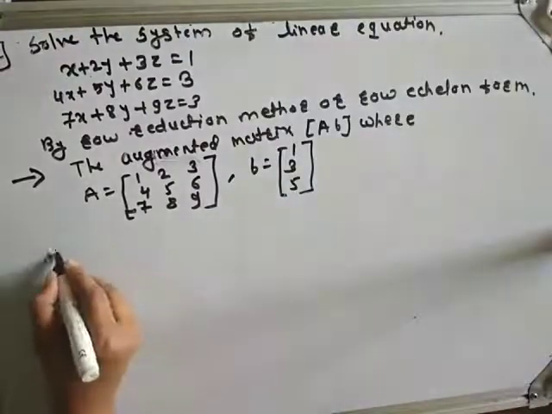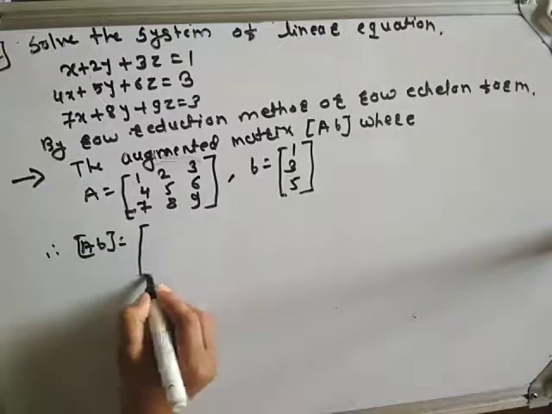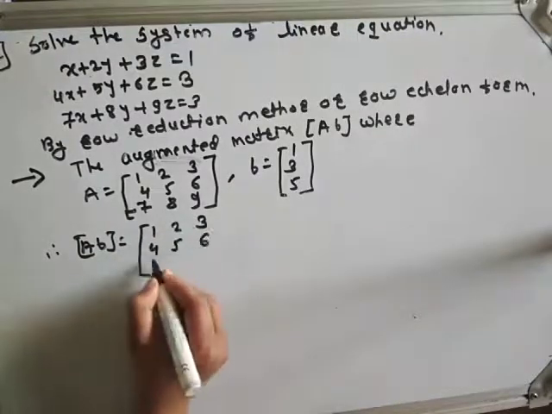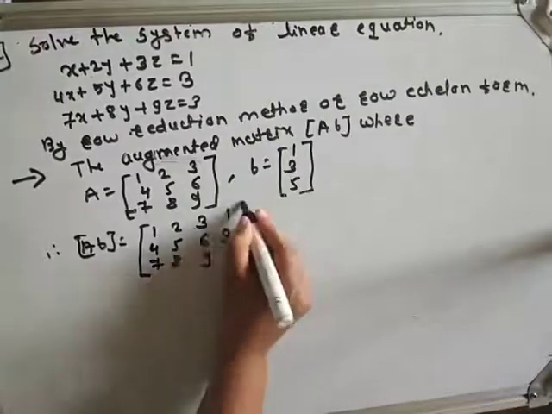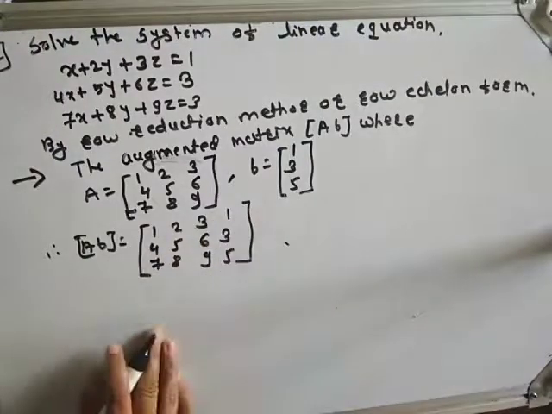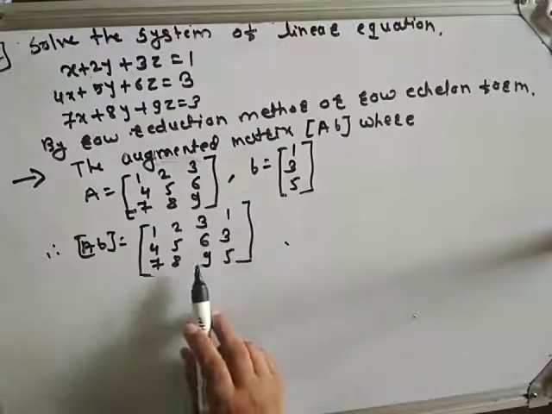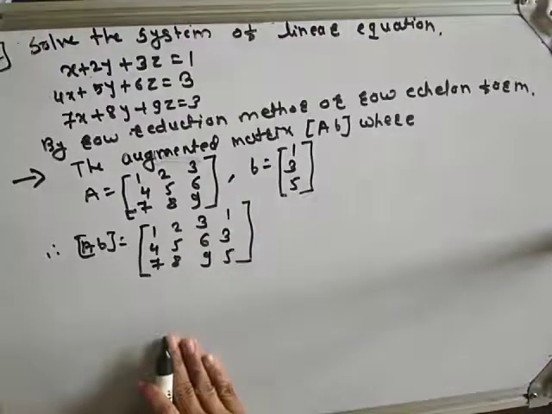Therefore the augmented matrix AB is 1, 2, 3, 1; 4, 5, 6, 3; 7, 8, 9, 5. We have to obtain the row echelon form of this matrix.